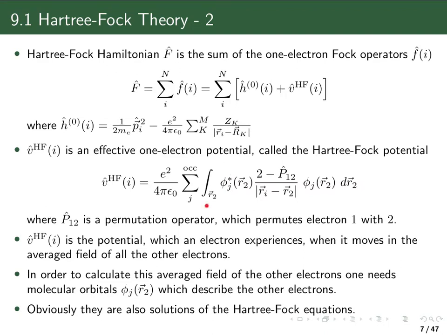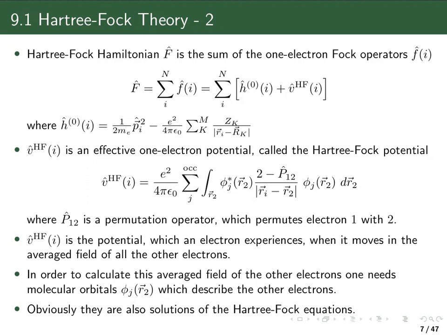And you can see we integrate over the positions of electron 2, and therefore we don't have the instantaneous interaction between electron I and a second electron, but we have the averaged interaction between electron I and an electron which is in the orbital phi j, in the occupied orbital phi j. And then we sum over all the occupied orbitals j, so we get the interaction between electron I and all the other electrons.